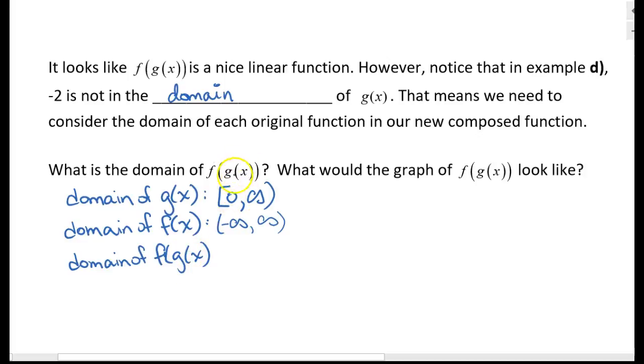And so what's the output for 0 when I plug it in for g? Well, it's also 0. So that means that my domain is going to be 0 to positive infinity. But all those negative values that were otherwise possible are no longer applicable because g is controlling our input.